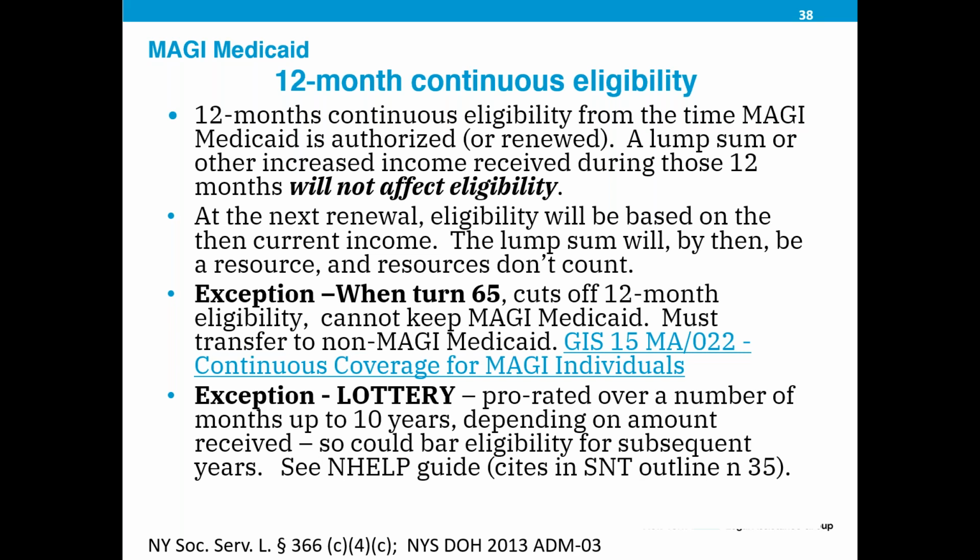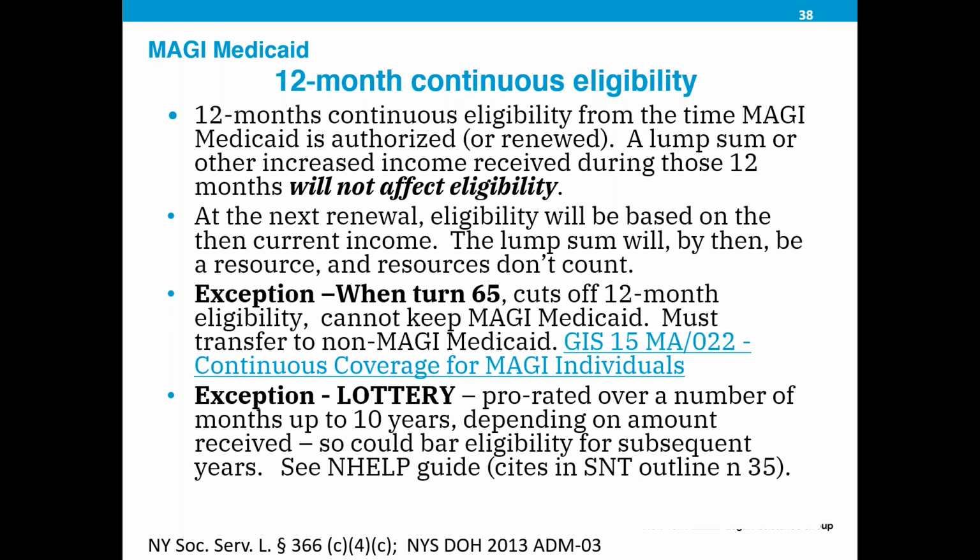But if they received a lump sum during the past year, that income is not deemed to continue because it was just received in that one month. So that would not affect their eligibility. Even if they saved it, that's okay because remember there's no asset test.